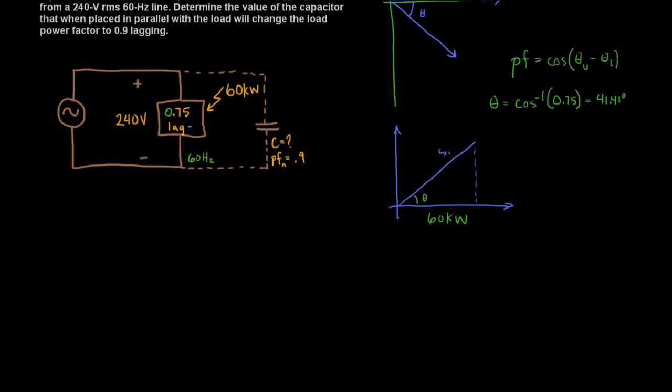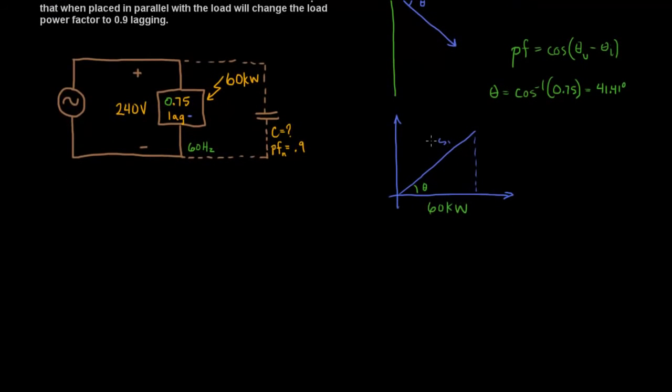We don't need to do it because I can solve for S without finding that angle. Remember that cosine is the adjacent over the hypotenuse. So if I want to find the hypotenuse, which is S1, S1 simply equals 60k over the cosine of theta. Well, we already know the cosine of theta. It's 0.75. So this is 60,000 over 0.75, which is equal to 80,000.